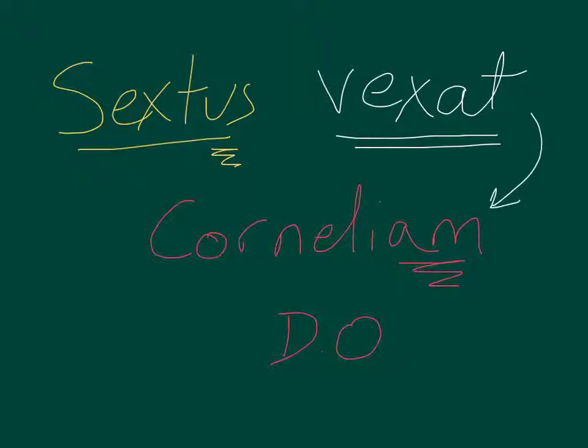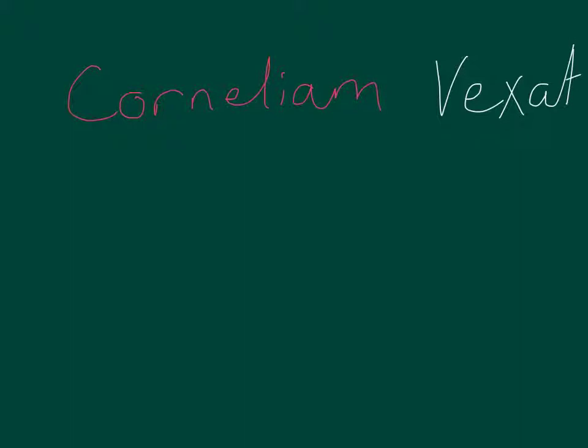And it's interesting because we could have the exact same words, Corneliam. We could say Vexat Sextus. And in this sentence, you would think that by traditional English word order, there's word 1, there's word 2, there's word 3, that Cornelia was annoying Sextus.